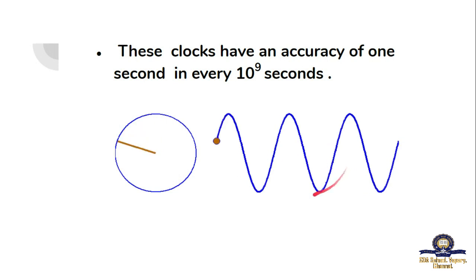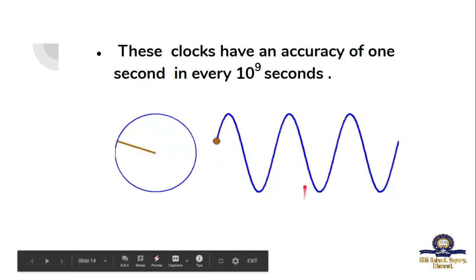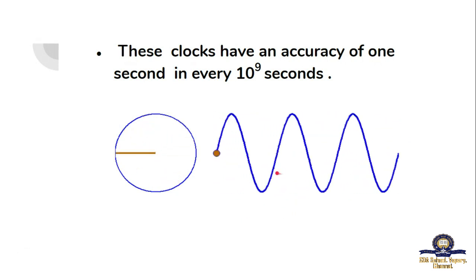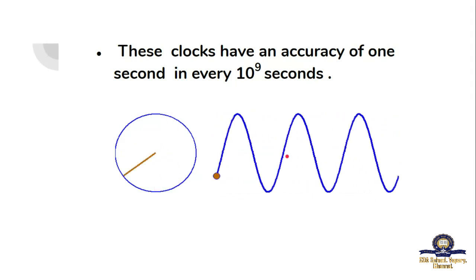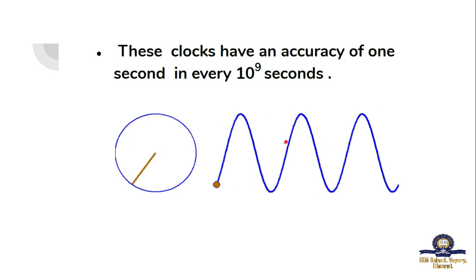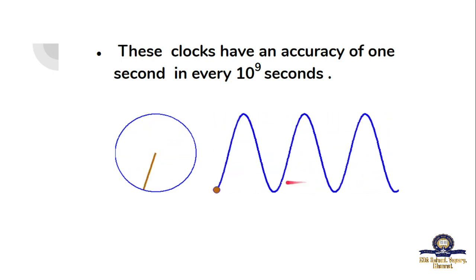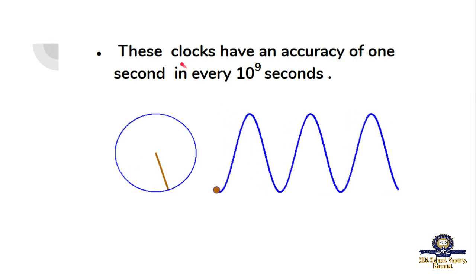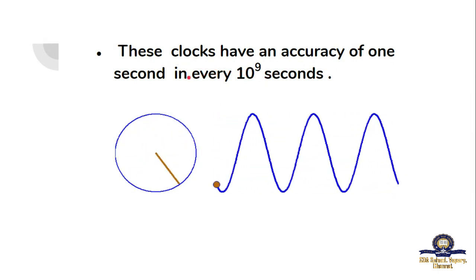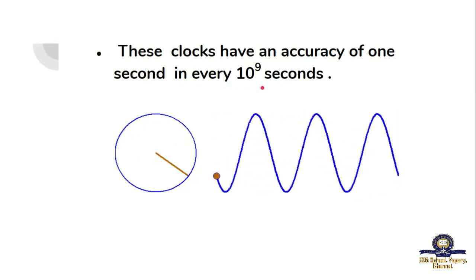Frequency is nothing but a number of waves. Precise means very accurate or exact. So, the number of waves of a vibrating crystal is very precise. So, the quartz clock is more accurate than the mechanical clock. These clocks have an accuracy of 1 second in every 10 power 9 seconds.